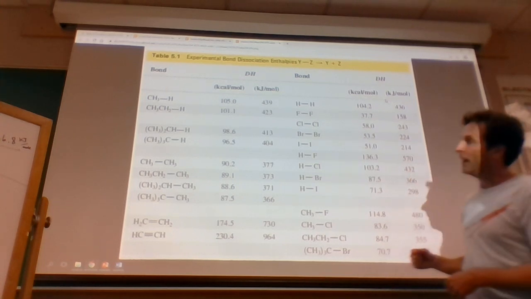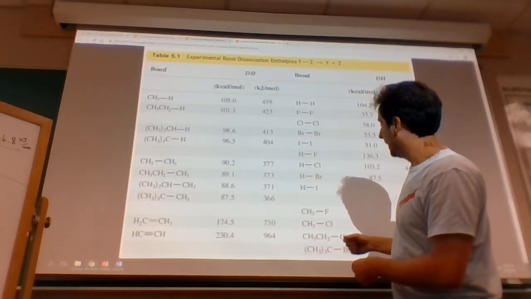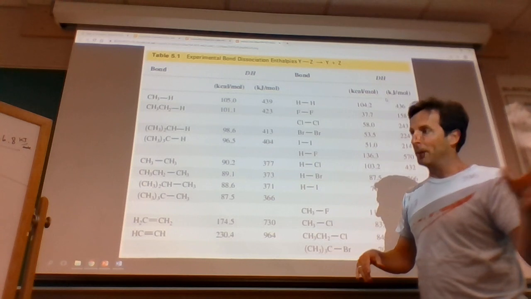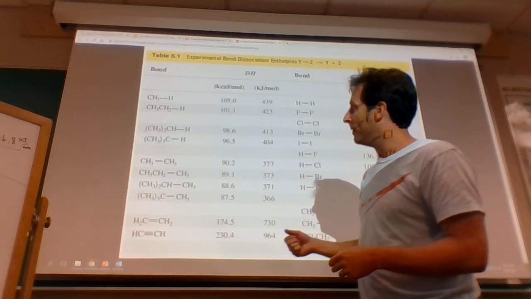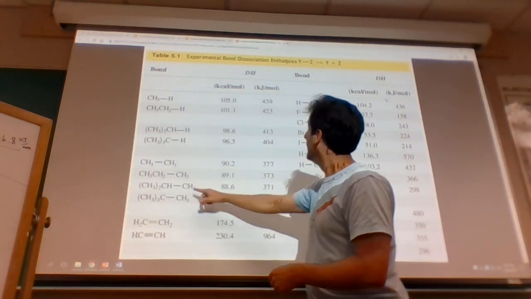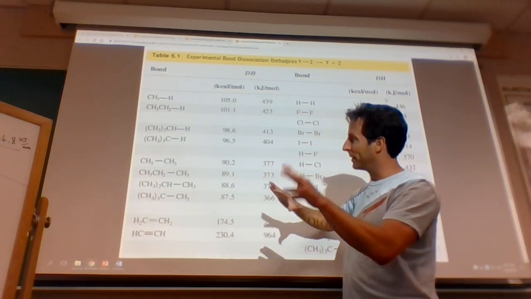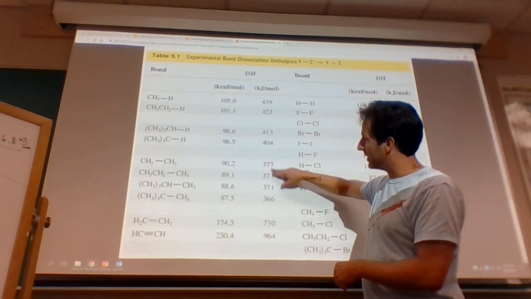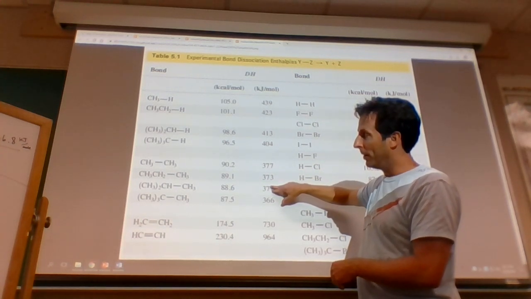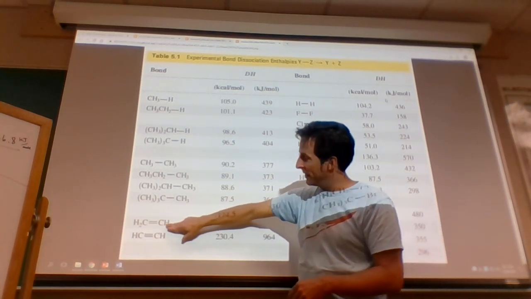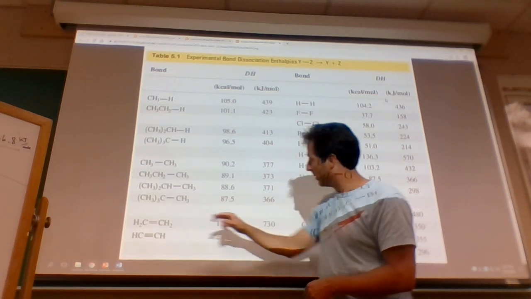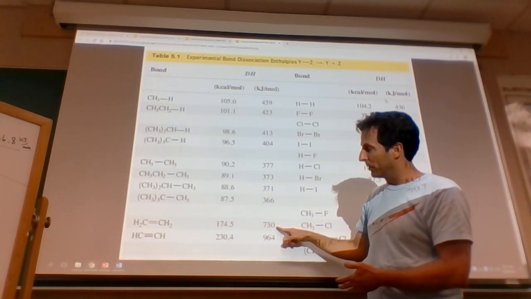If I want to break a C-C bond, it doesn't have it on this table, but we'll find the ones that we need for our next one. It can vary a little bit based on what's connected to it, but it's around 370 something kilojoules per mole for a single bond. If it's a double bond between two carbons, it's going to be 730 kilojoules.